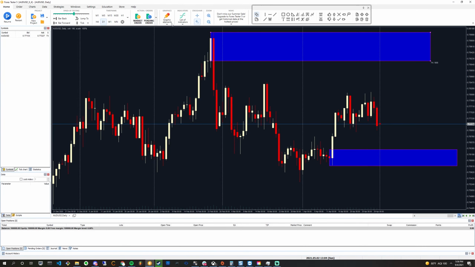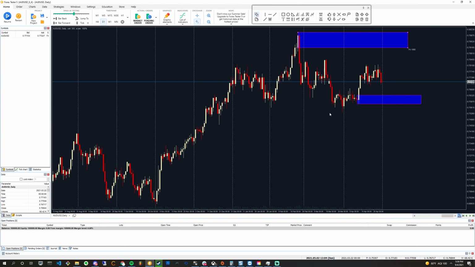If I zoom out a little bit, we can see that we are in a slightly downward trending consolidation pattern. Forex Tester ain't got no paintbrush or anything like that, huh?